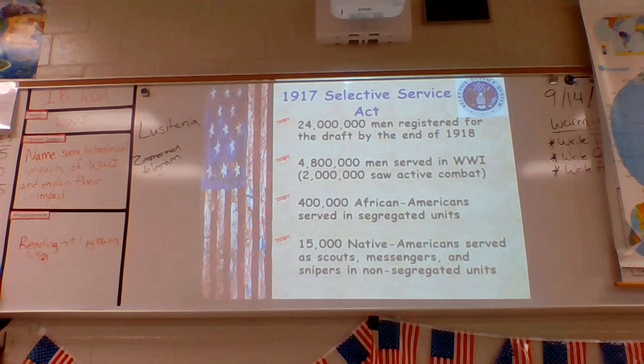However, if we do need a draft, I think they will definitely take female volunteers, similar to what we do now. But I don't think they'll ever put them on. I don't know. That might change.